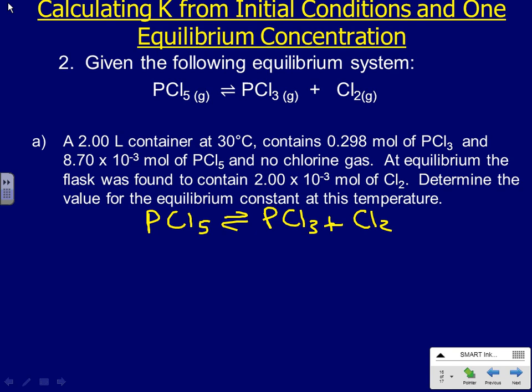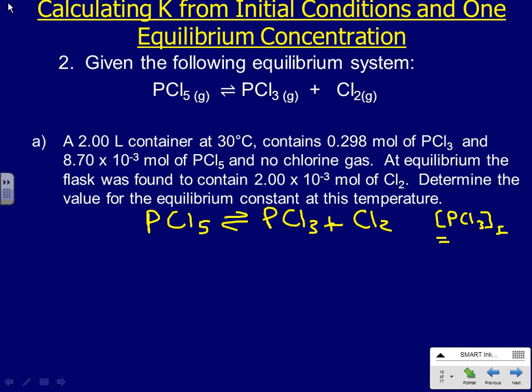I like this question. So first, let's find the concentration of the PCl3. That's an initial concentration, and I'm totally running out of space here because I didn't think I needed this much space. That's okay.